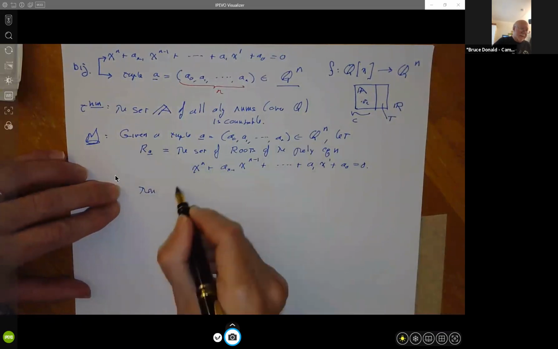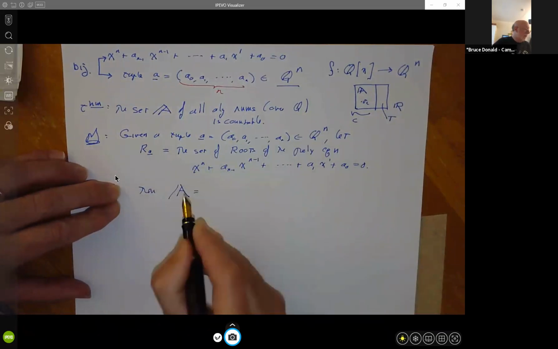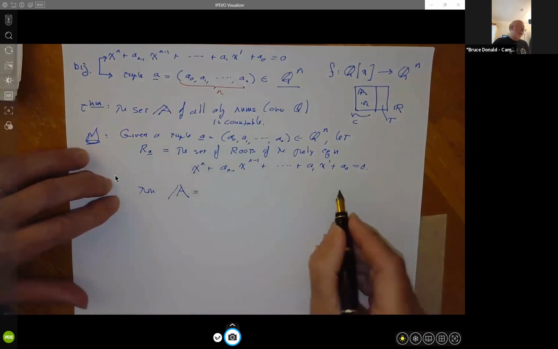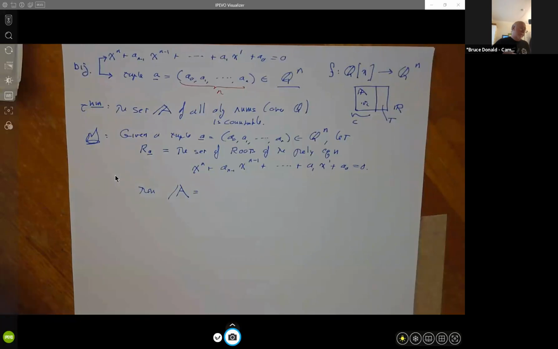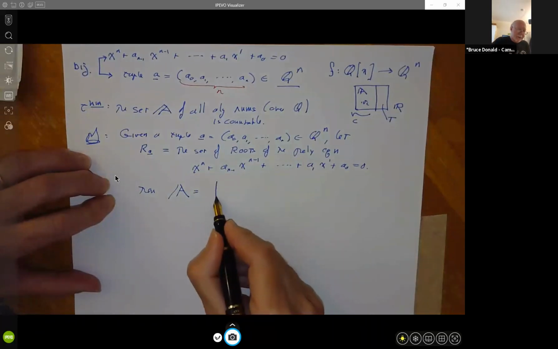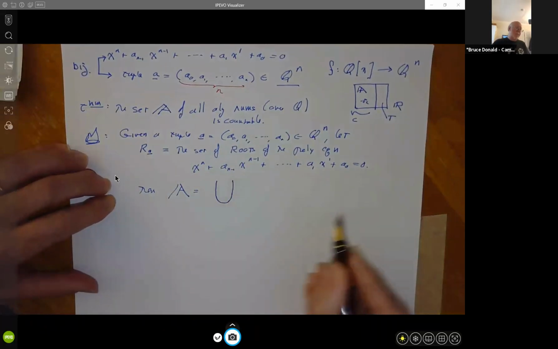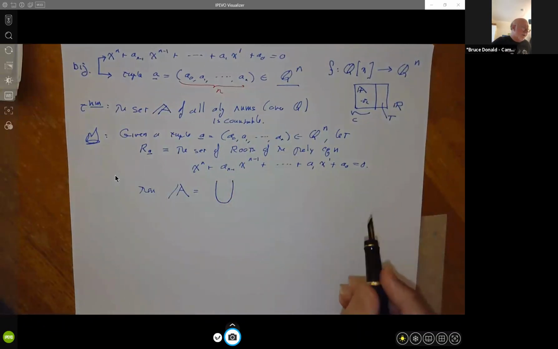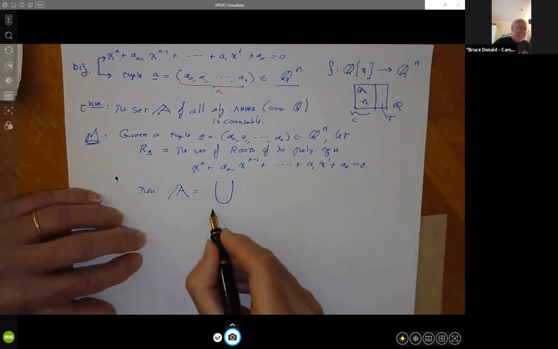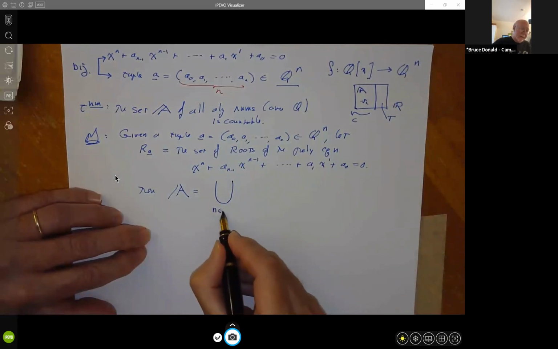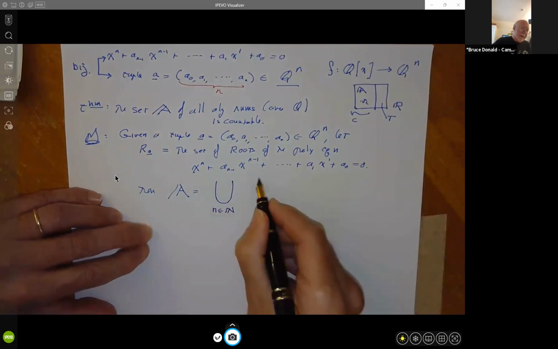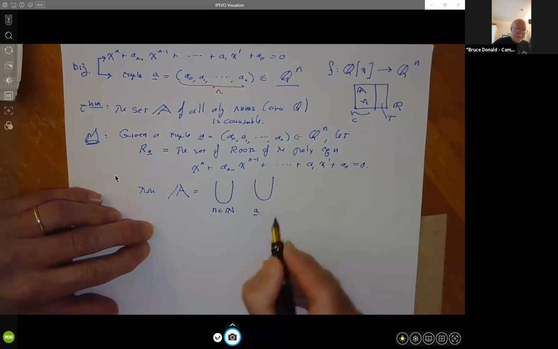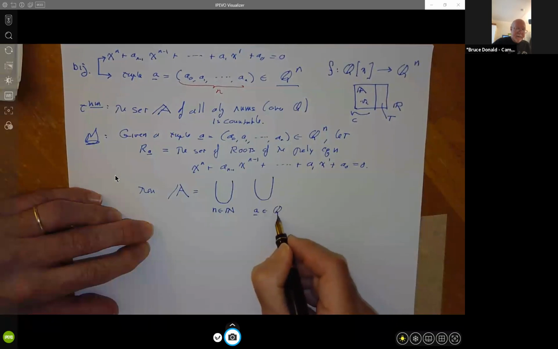Then my set of all algebraic numbers is equal to the following thing. Somehow I'm going to union up these roots. So what I have to do is take unions not only over the roots and the coefficients, but over the dimension. Here I have the dimension, n is a natural number. And here I have a union for all tuples a in Q to the n.